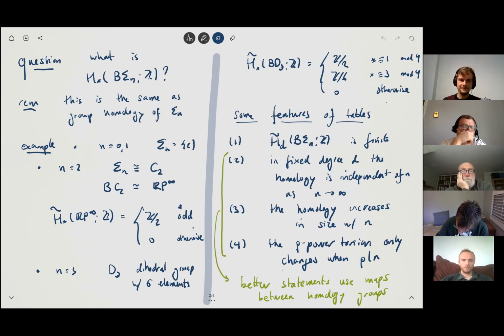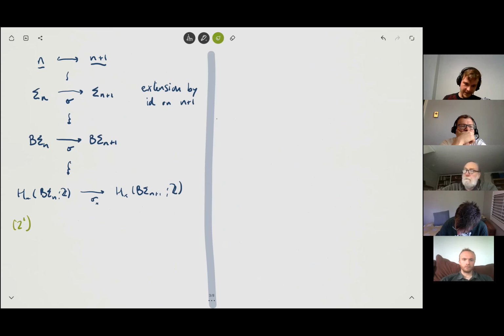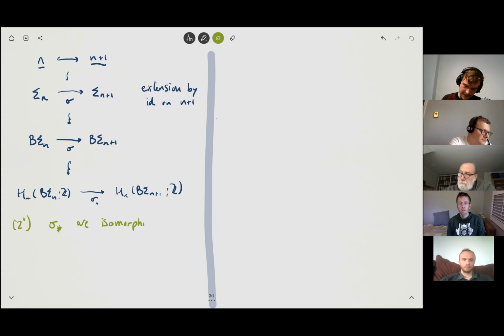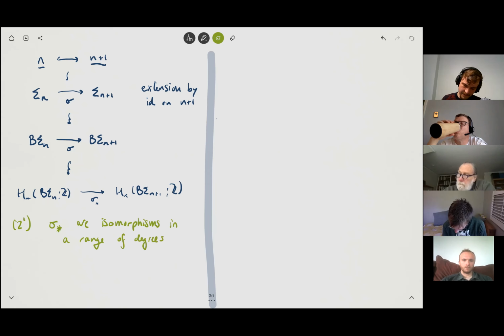Okay. So the second one, which says that the homology is independent of n as n goes to infinity, that should become the statement that these maps sigma star are isomorphisms in a range of degrees tending to infinity with n.